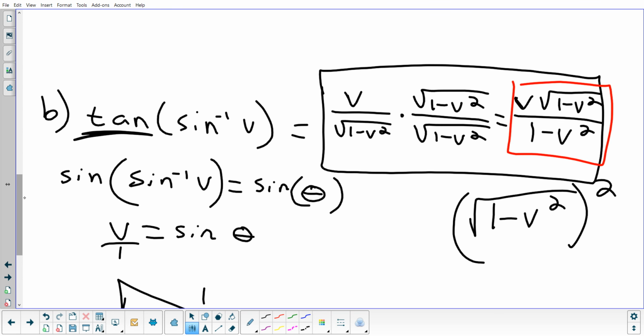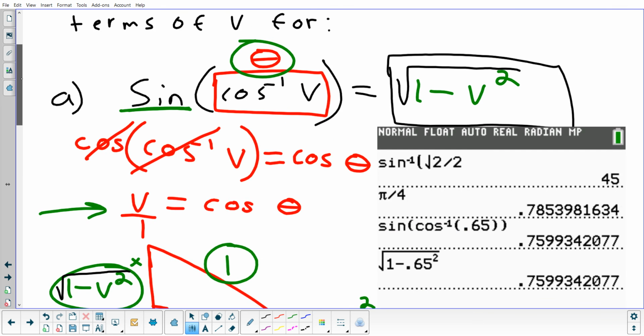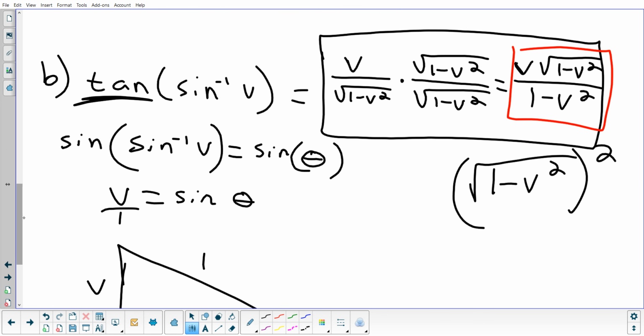Okay. So you could make up as many of these as you want. Just pick a regular trig function on the outside, cosine, and pick an inverse trig function for the inside, inverse tangent, and we could do the cosine of inverse tangent. They all work exactly the same. Does anyone want to see another one of this type, either like A or B?